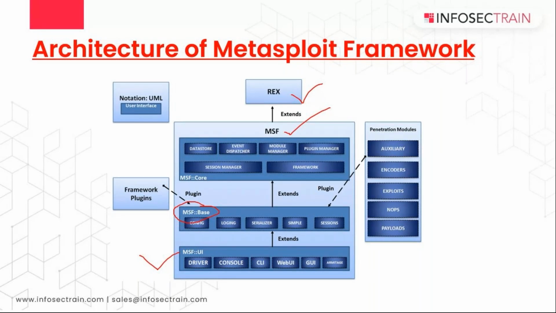Mainly, there are two different UIs which are provided with the framework: one is the MSF console that you write in, and one is the web interface. Now, which one is the best? From the perspective of ethical hackers, this MSF console, the CLI part, provides the best support for the framework.